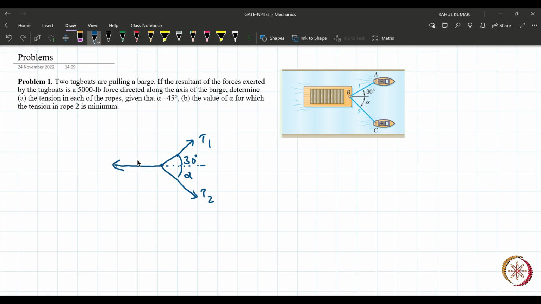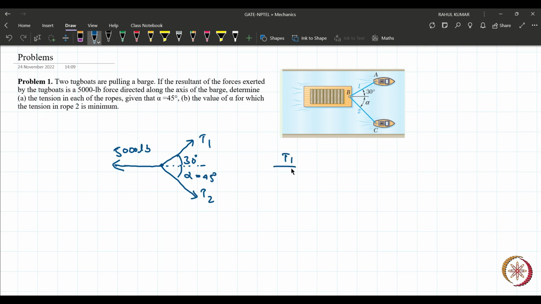If I apply 500 lb in this direction, the system will be in equilibrium. Then definitely this problem can be solved by Lami's theorem. So what is Lami's theorem?